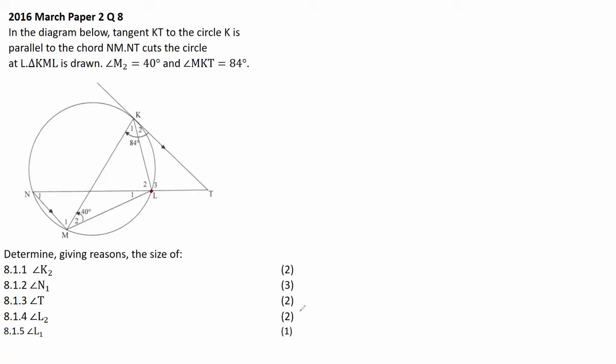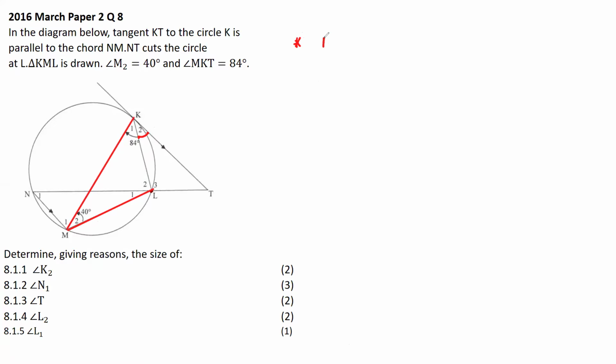Work with me. If you notice, K2 is from the tangent and touches the chord KL. Who subtends KL at the circumference? It's M2. So M2 is subtended by KL at the circumference.